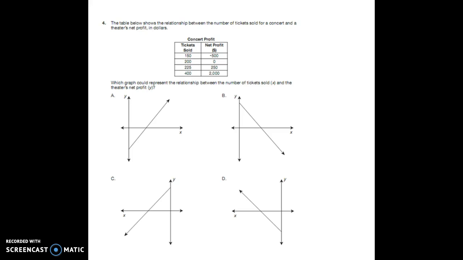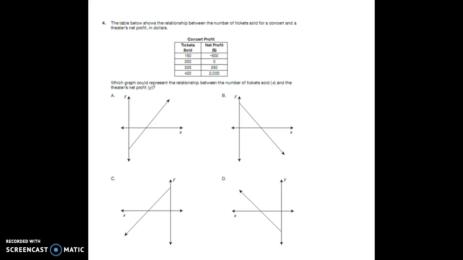And if you remember, profit has to do with how much is sold and what our expenses are. So how much was sold, and then we subtract out any expenses that we have. So which graph could represent the relationship between the number of tickets, X, and the theater's net profit, Y?